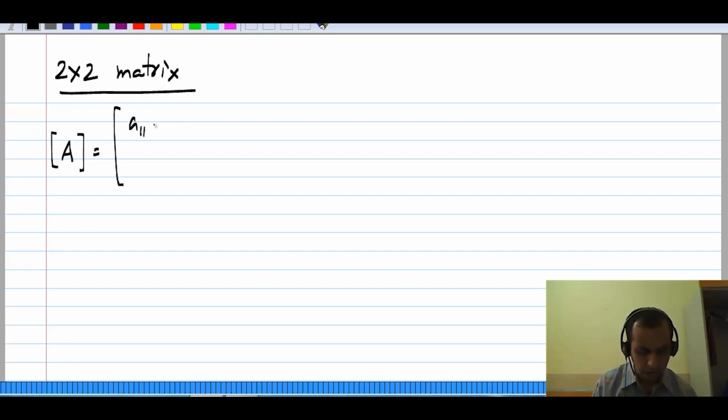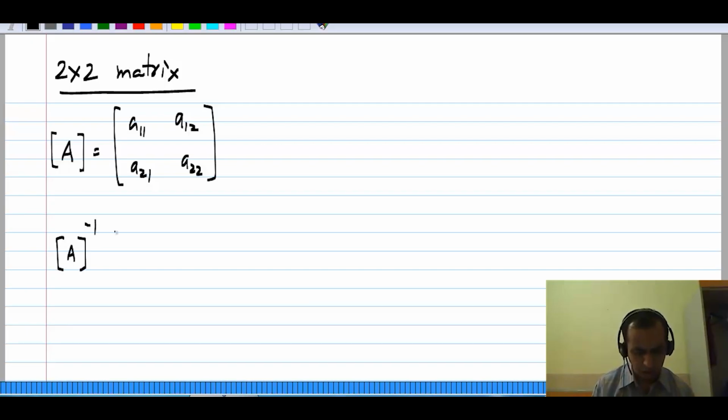Now let's take a 2 by 2 matrix. A equals A11, A12, A21, A22. And the inverse of A is 1 over determinant of A, which I think you already know how to calculate.